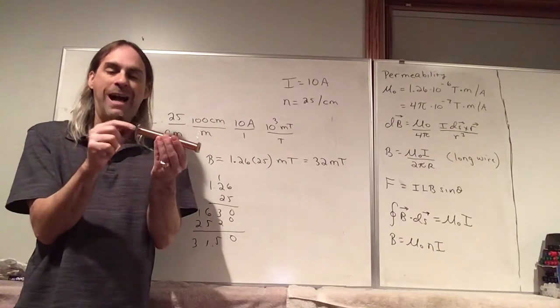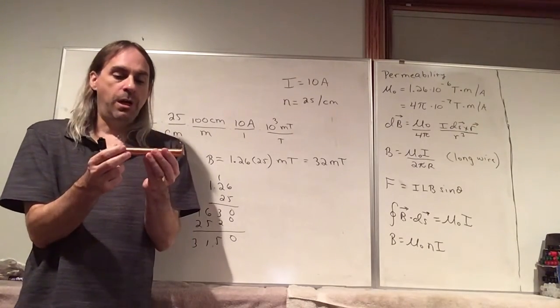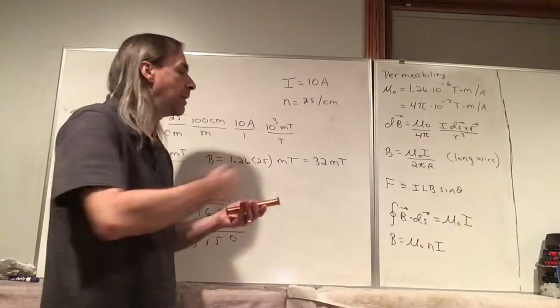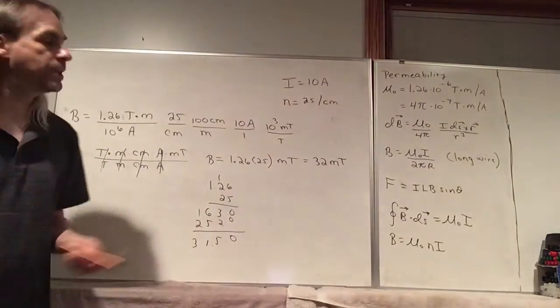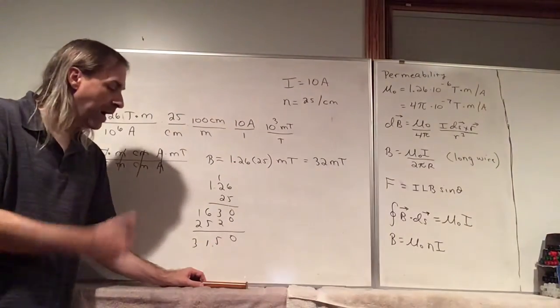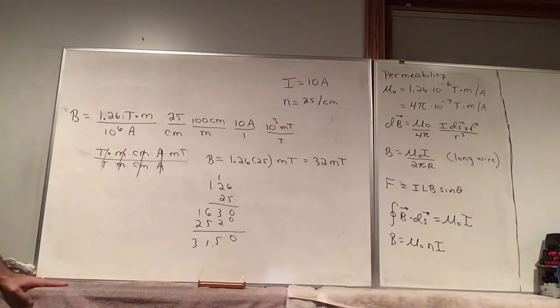If you put iron inside here, it would magnetize the iron, and many metals you can put inside here could magnify the magnetic field inside. But 32 milliteslas, I think that's a little better than a standard bar magnet. Reasonably significant magnetic field.